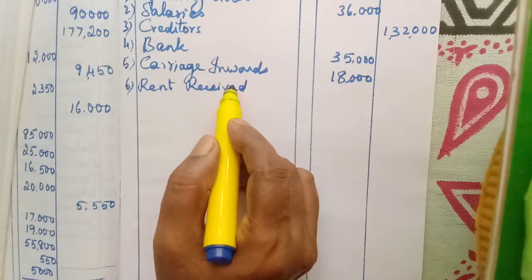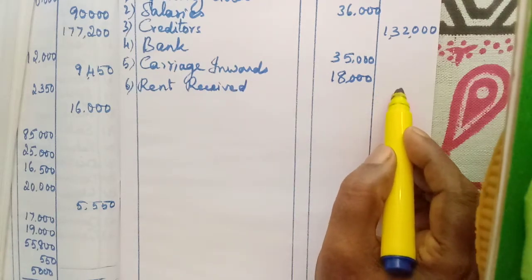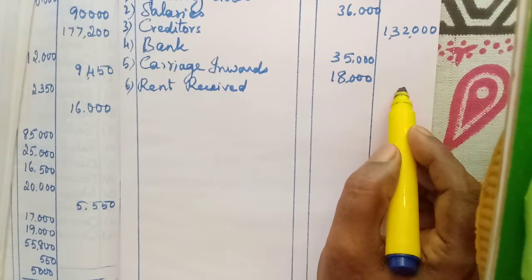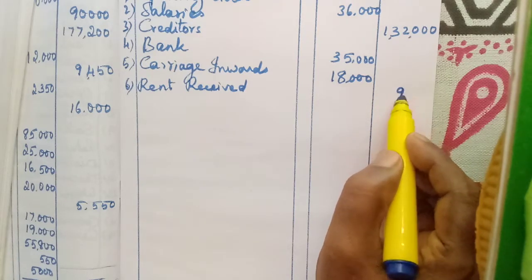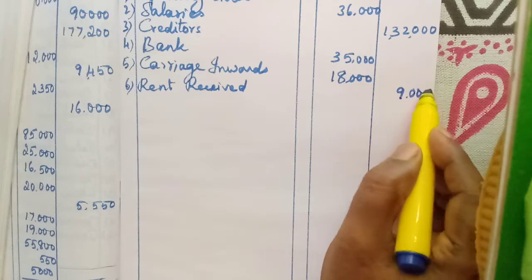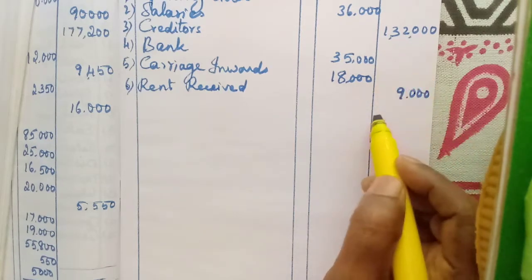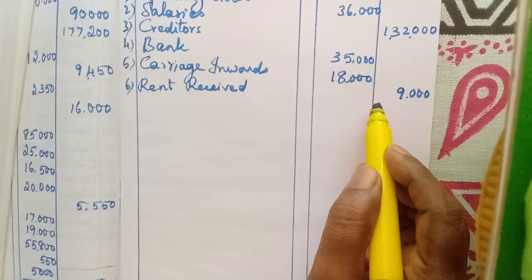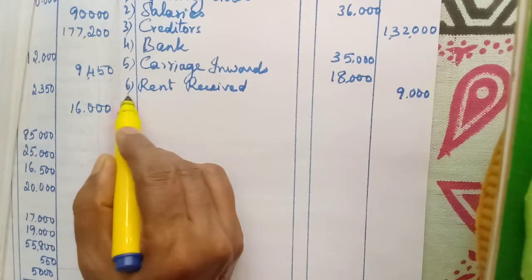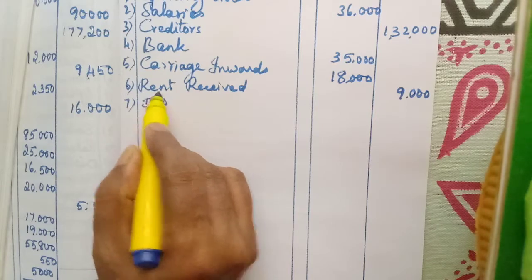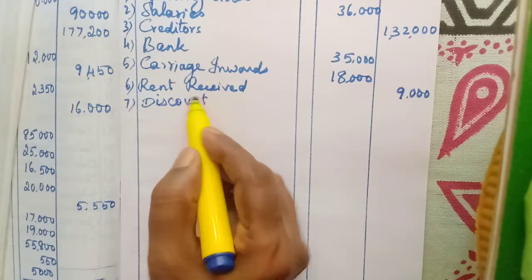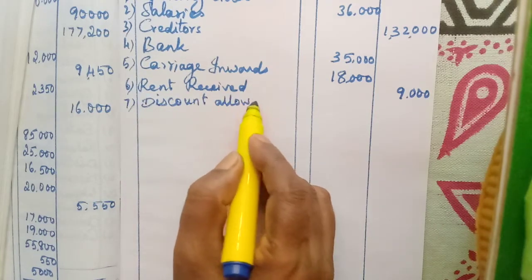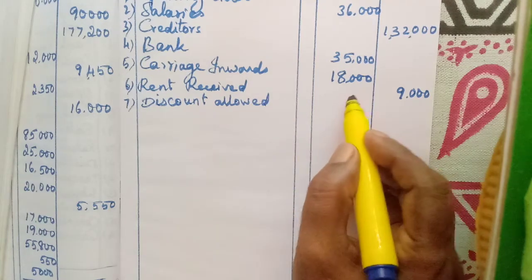So credit side 9,000. 9 just below 2. The 2,000, no? This will be the 9. So 2,000, 9,000 and the same digit. Then discount allowed. Discount allowed is a loss. So debit 6,000.